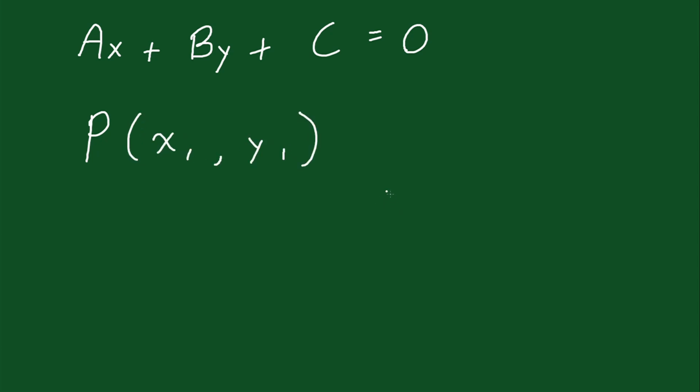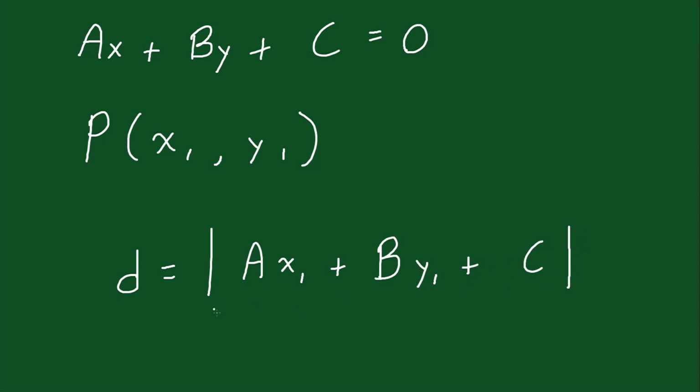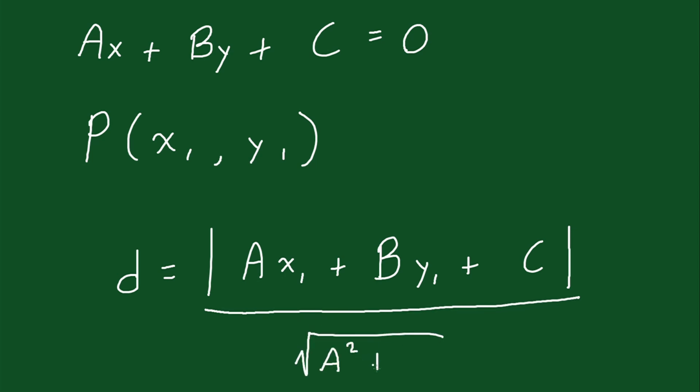Well, there's a very nice formula that we can use that says the distance between a point and a line will equal the absolute value of a times x1 plus b times y1 plus c, and that whole term is divided by the square root of a squared plus b squared. So we have this nice formula we can use to find the distance.